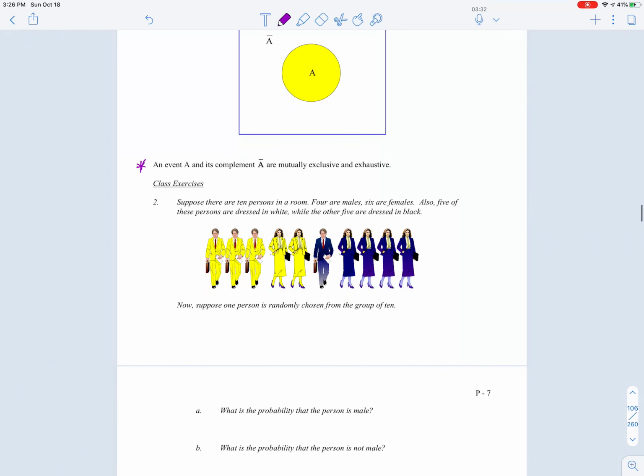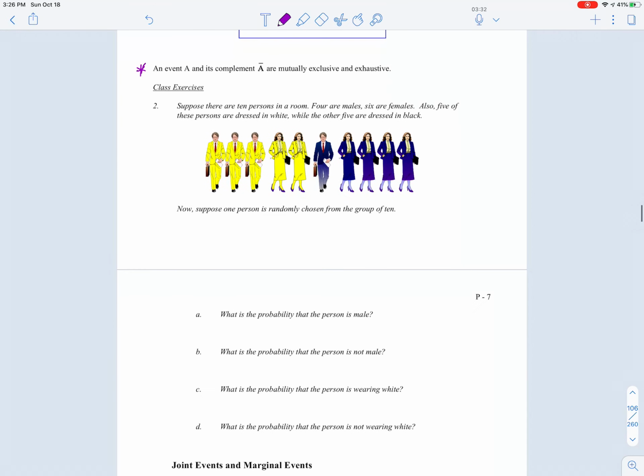Now, suppose one person is randomly chosen from the group of 10. What's the probability that the person is a male? And again, as we go through these, you might want to stop the video, just pause it, figure it out, and then come back and pick up the answer. Now, the other important thing I want you to note here is I want you to start using proper notation, as I mentioned.